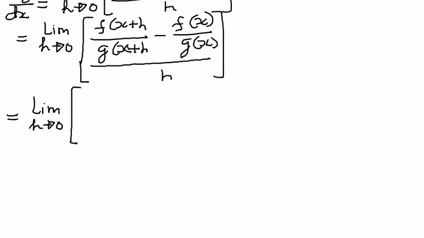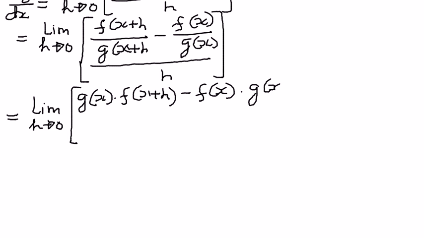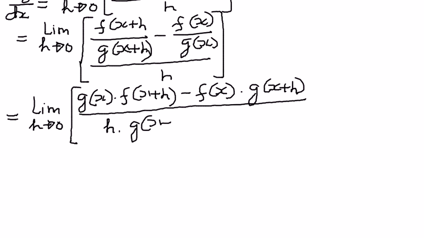We cross multiply, and we get g of x times f of x plus h minus f of x times g of x plus h, this whole thing divided by h times g of x plus h times g of x. We got all the terms we needed.